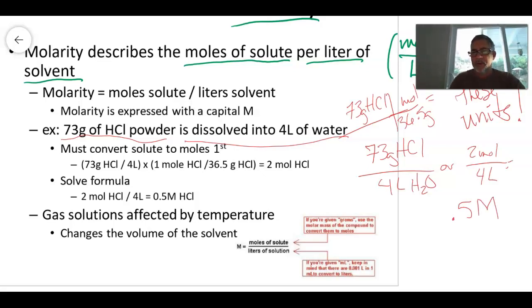The symbol for molarity is a capital M. So I get a 0.5 molar solution. If you read in the last lab that you did, you used 6 molar hydrochloric acid, 6 with a capital M. That means there were 6 moles per liter.